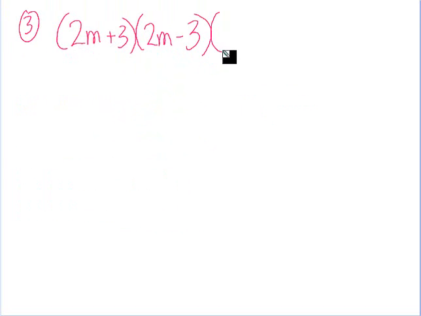So we're going to do one more example. Let's see, 2m plus 3 times 2m minus 3 times m plus 4. All right, so how do we do these ones again where we have 3 of them being multiplied together?